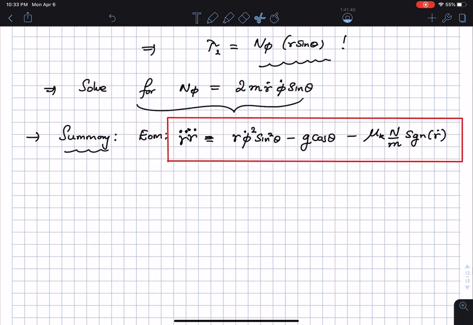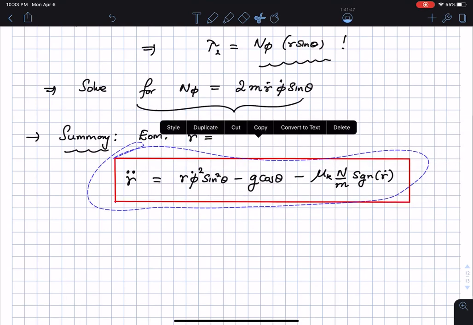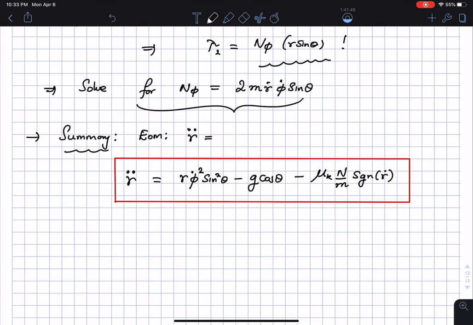So this is the equation of motion for us. That's the first thing that we obtained. So the equation of motion is a function of r, theta, phi dot, and r dot and mu k, and then the normal force. This is the first one.